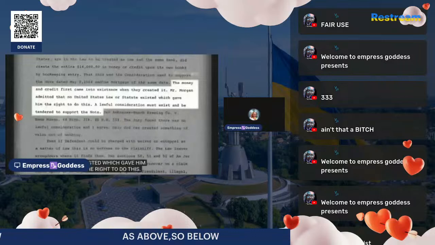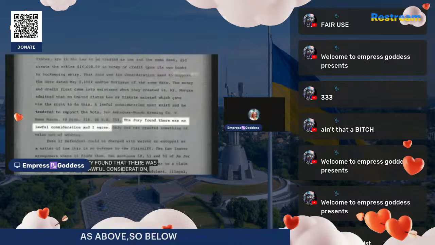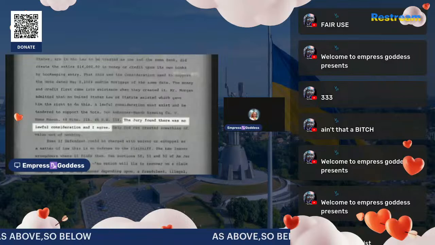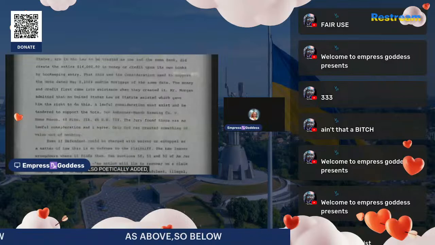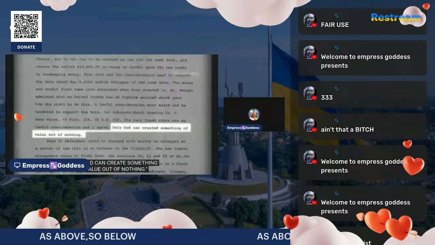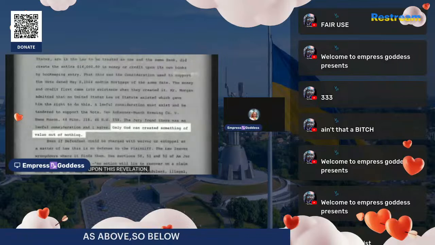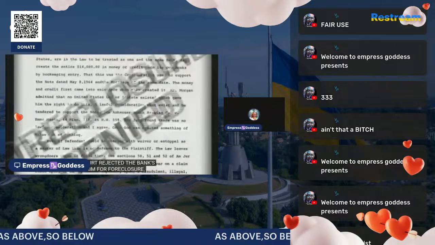A lawful consideration must exist and be tendered to support the note. The jury found that there was no lawful consideration, and I agree. He also poetically added, "Only God can create something of value out of nothing." And upon this revelation, the court rejected the bank's claim for foreclosure, and Daly kept his home.